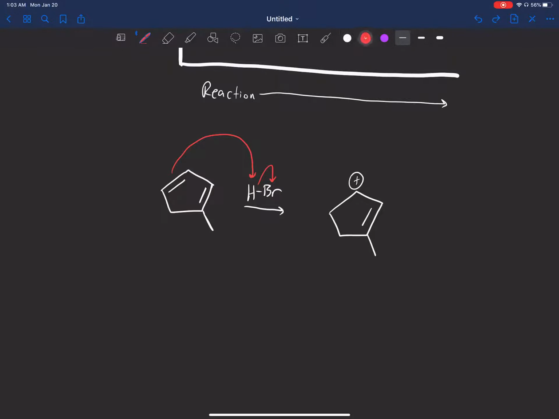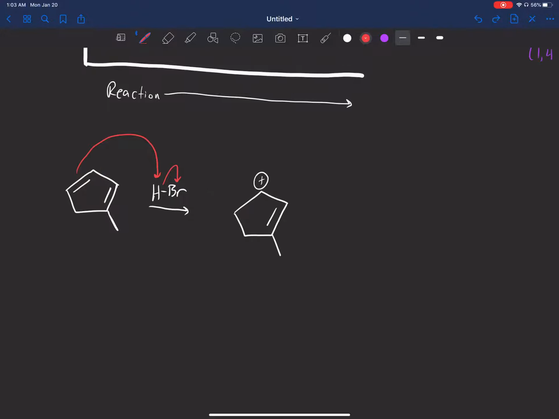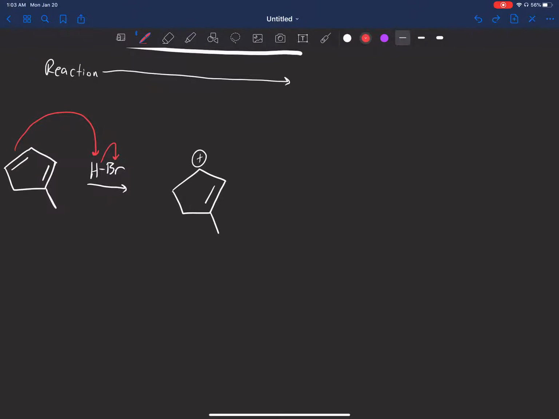If you're looking at the diene, it's usually the carbons of the double bonds that are closest to each other. So when you pick the double bond that you're protonating, usually you want to form the carbocation on the carbon that's closer to the other double bond. So we're picking that double bond. So this guy is secondary allylic.